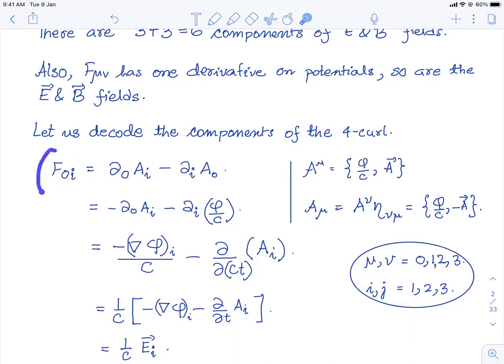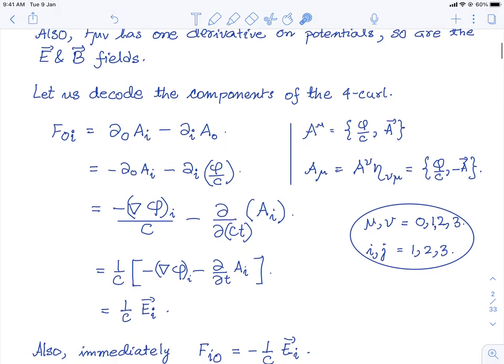Okay, so now this antisymmetric tensor here, if I look at the time and any space component of it, then I will write this thing down: del_0 A_i minus del_i A_0. And as you can simply see here, this comes out to be exactly the 3 components of the electric field as i runs over 1, 2, and 3, because this term is the gradient of the potential, and this term is the time derivative of the vector potential.